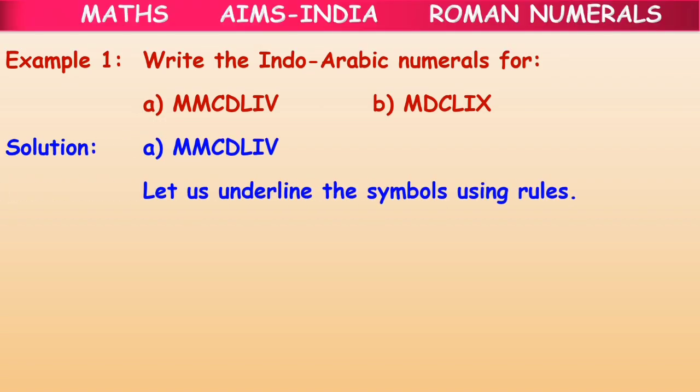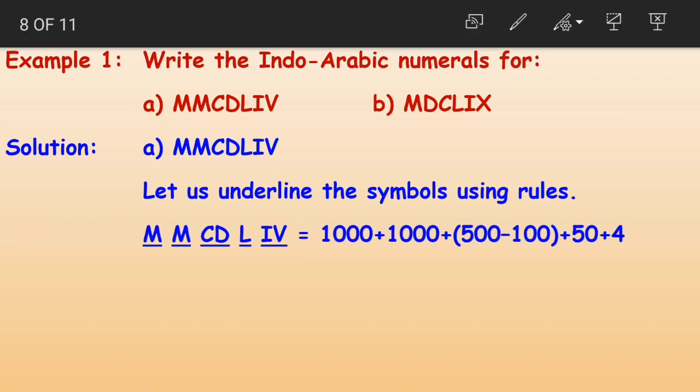Now the first question is MMCDLIV. Now what is he saying? Let us underline the symbols using the rules. First we have M, then we have M, then we have CD here.